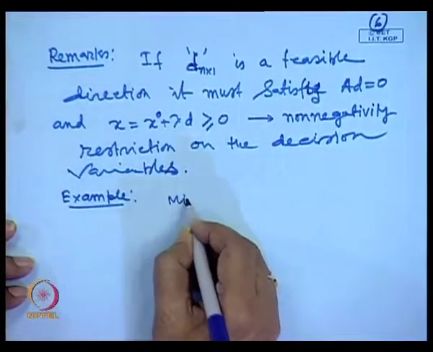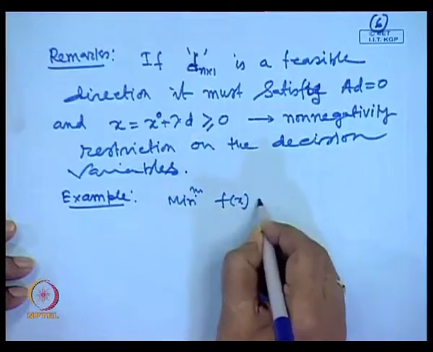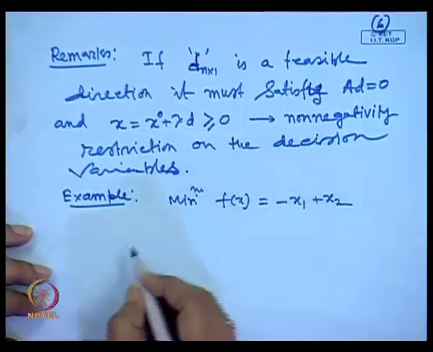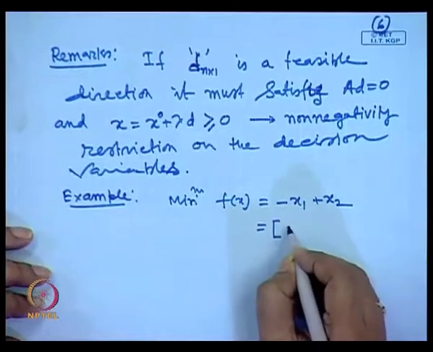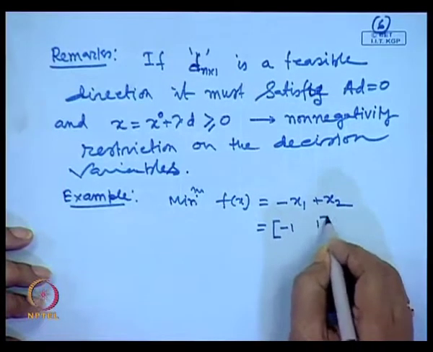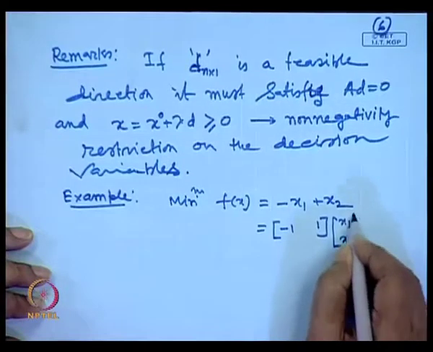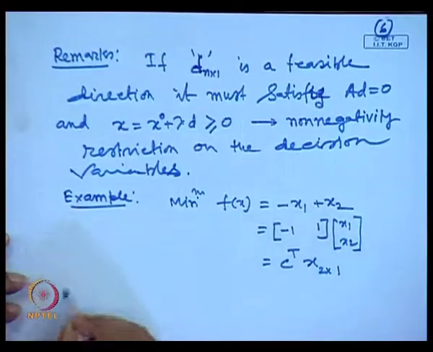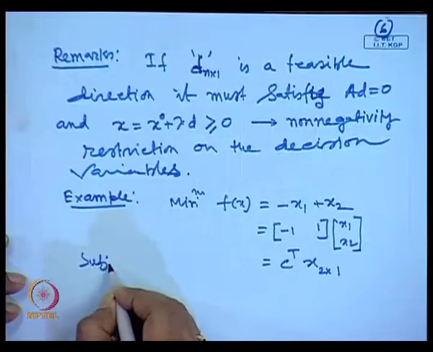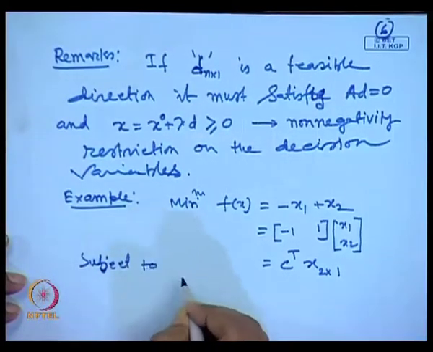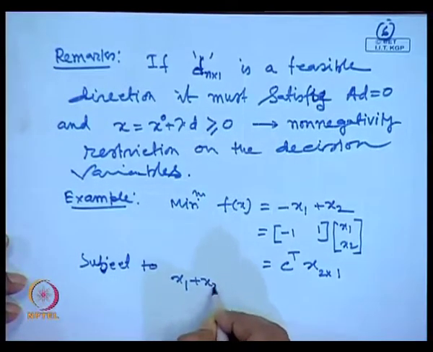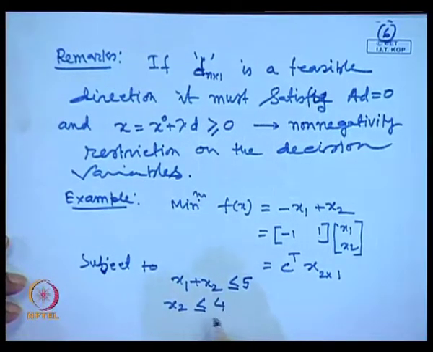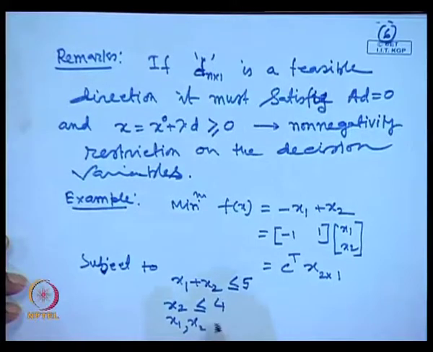Let us minimize f of x is equal to minus x 1 plus x 2, which you can write as C transpose x, where C transpose is minus 1, 1 and x is x 1, x 2, of dimension 2 cross 1, subject to x 1 plus x 2 less than or equal to 5, x 2 less than or equal to 4, and x 1 and x 2 greater than or equal to 0.